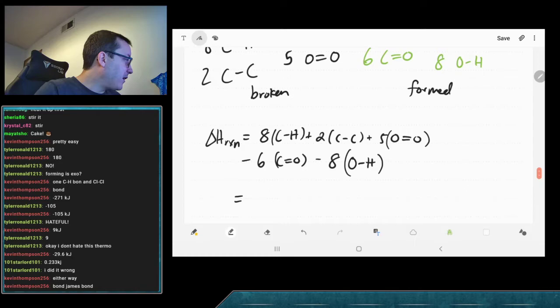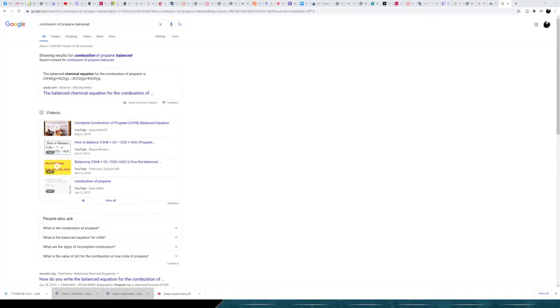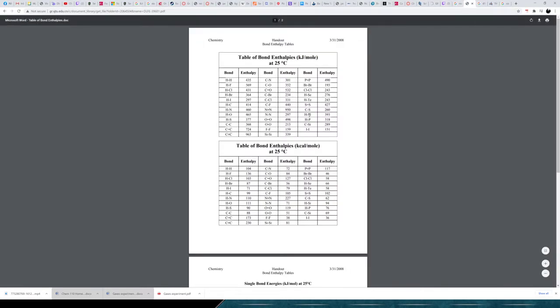Okay, so back to our chart. Let's look up what these values are. Where did the chart go? I think it was here. Okay, we have CH, which we probably all have memorized now, is going to be 414. CC, single bond, 368.